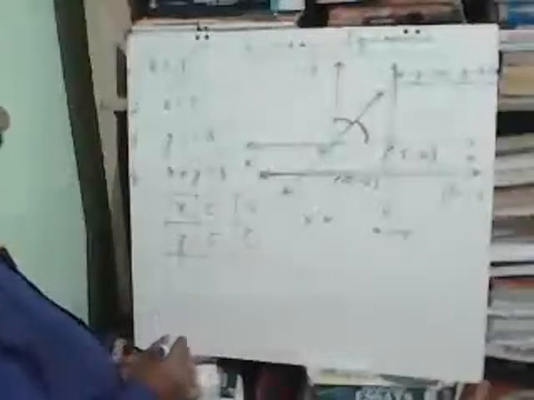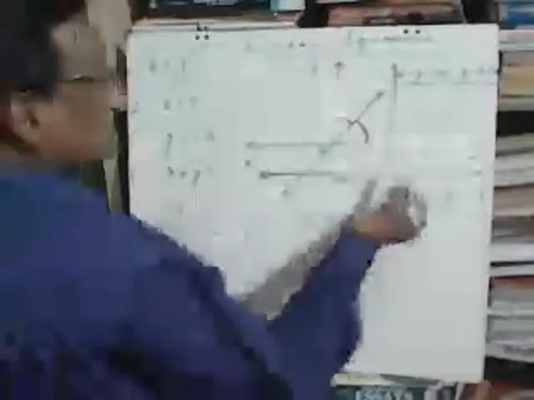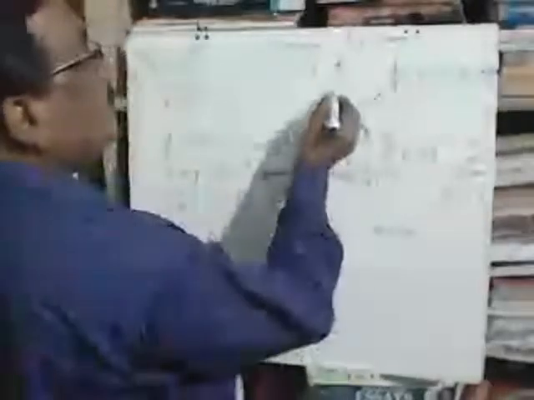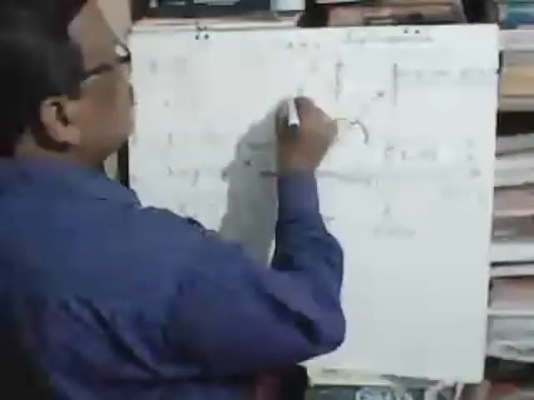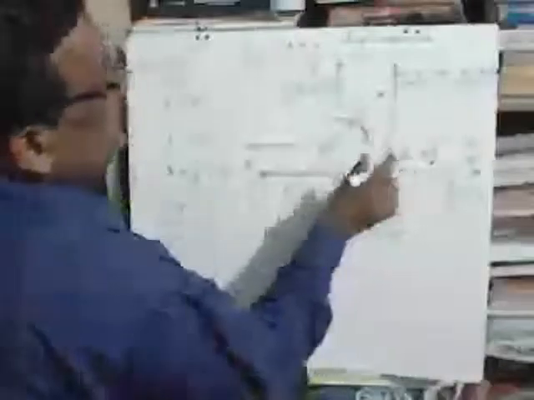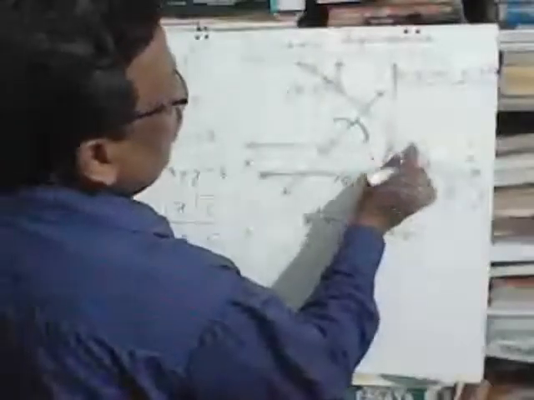If we look at these two points, here is (5, 0), here is (0, 5). Now you are getting the line. This line is passing through the points (0, 5) and (5, 0). Okay, this is your graph.